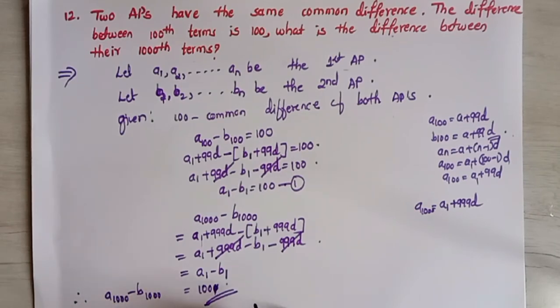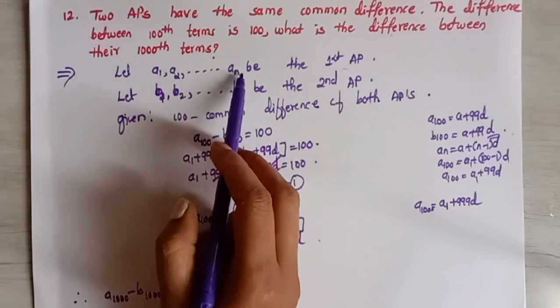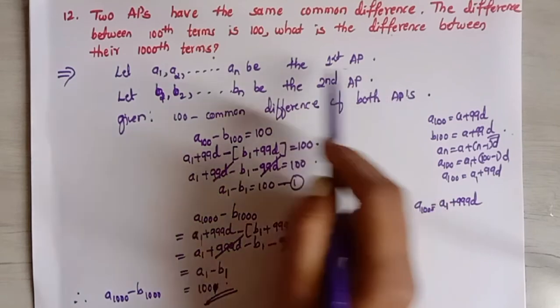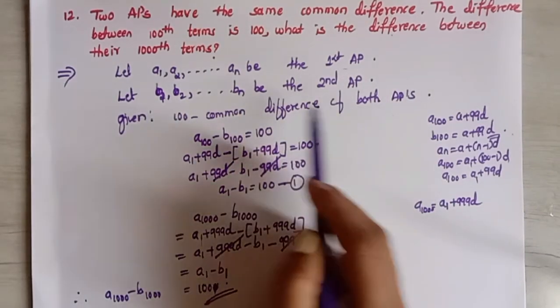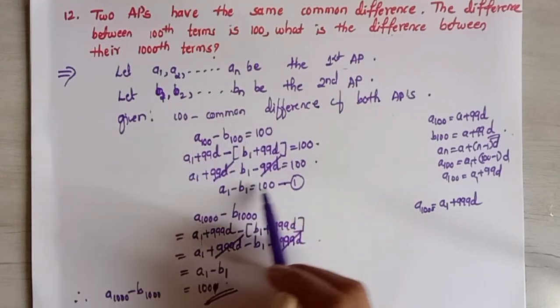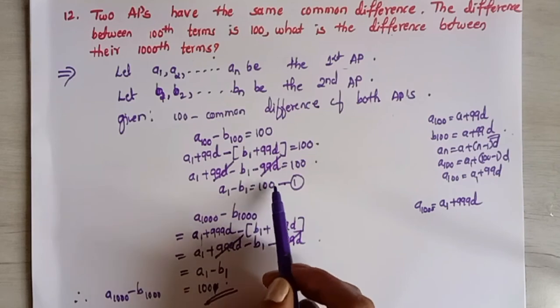So, first we have to write down the two APs. That is A1, A2 and so on up to An is the first AP, and this is the second AP. After this, we have to find the difference between these two APs. That is given as 100. So, we have to solve this. After solving this, we get A1 minus B1 equal to 100.